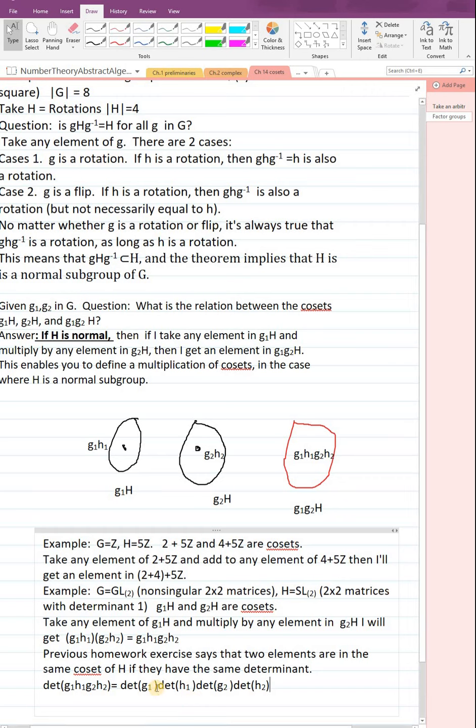I can simplify this and this because they're both in H, and H is the 2 by 2 matrices with determinant 1. So determinant of G1 times 1, determinant of G2 times 1, so I can just take these two out.